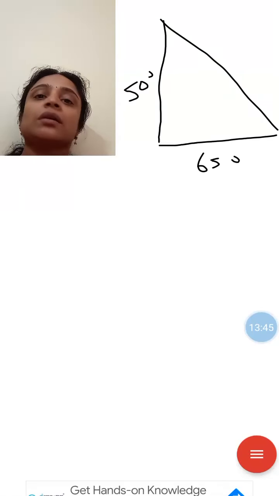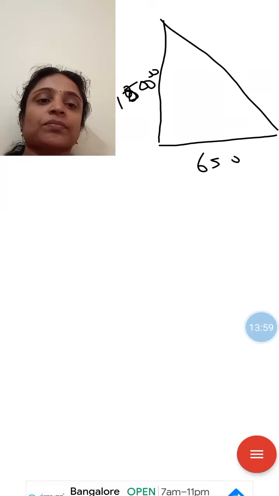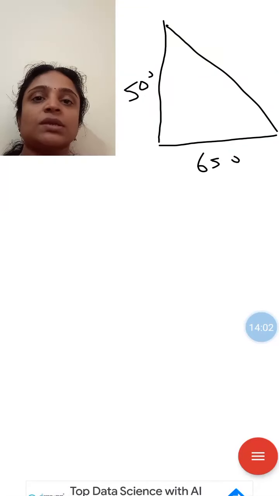So what will be the distance travelled in 2 hours by the plane that is travelling 500 km per hour? In 2 hours it will travel 1000 kilometers.